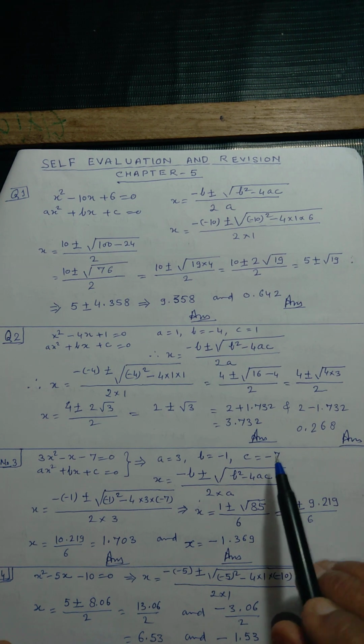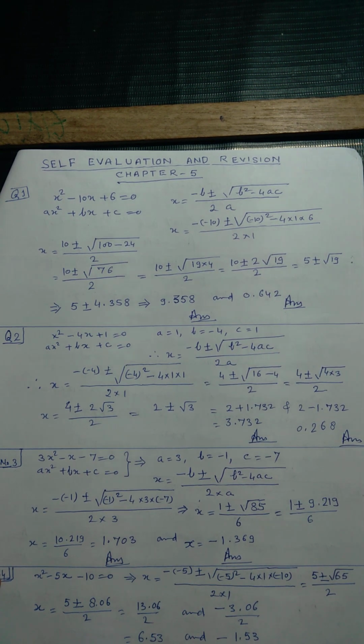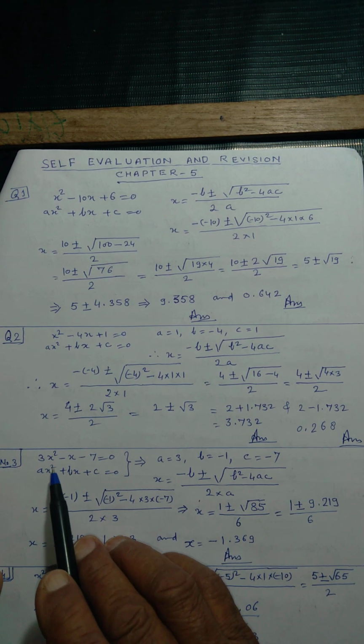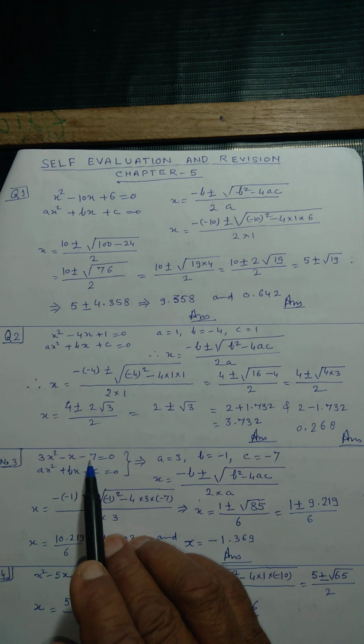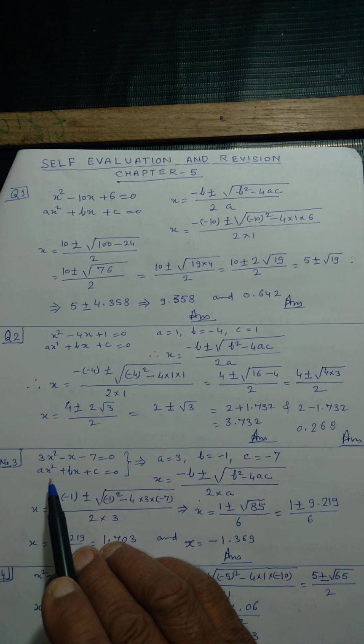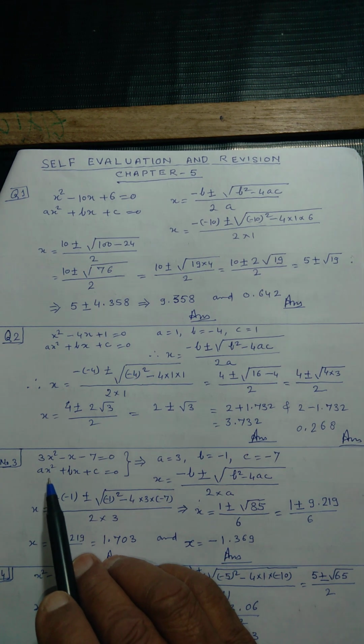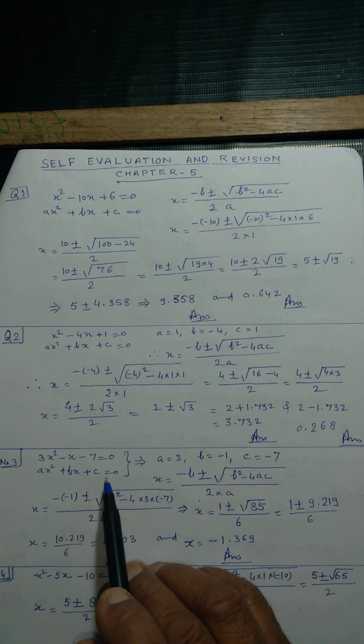Now question number 3. Solve the equation 3x square minus x minus 7 equal to 0 and give your answer correct to two decimal places. Here I have written again 3x square minus x minus 7 equal to 0. Write down the standard form of the equation, that is ax square plus bx plus c equal to 0.